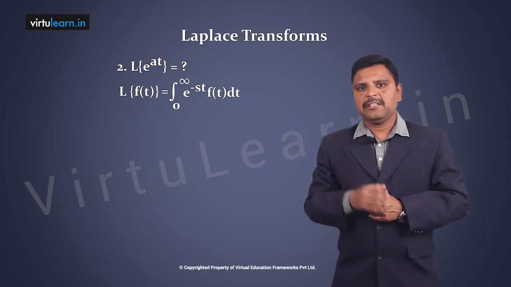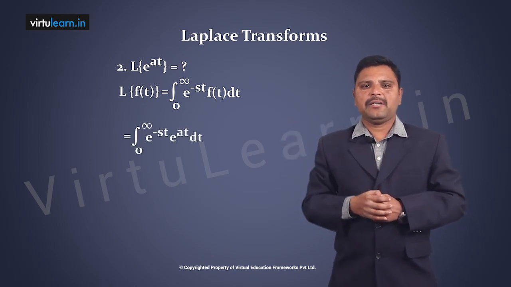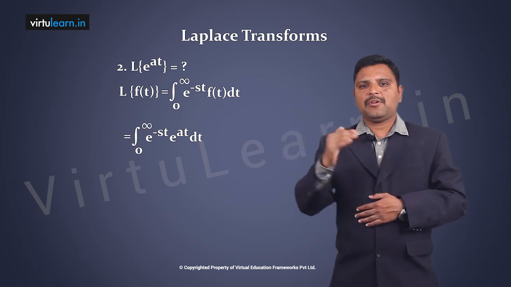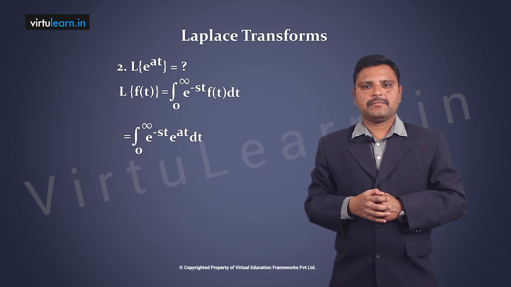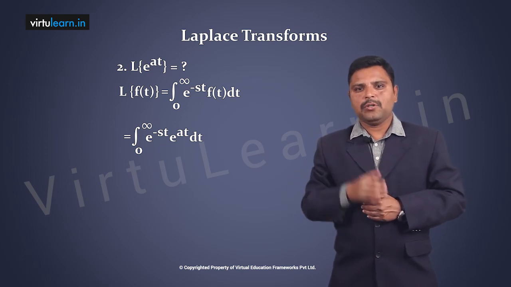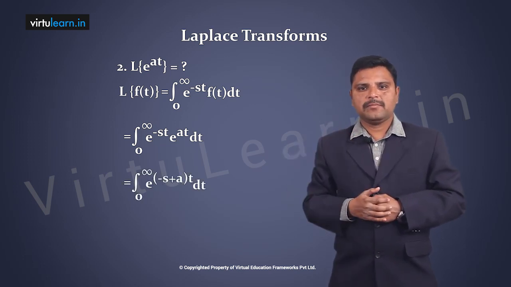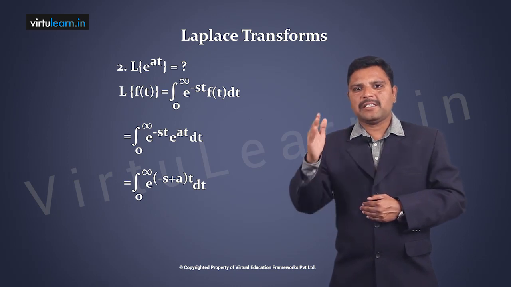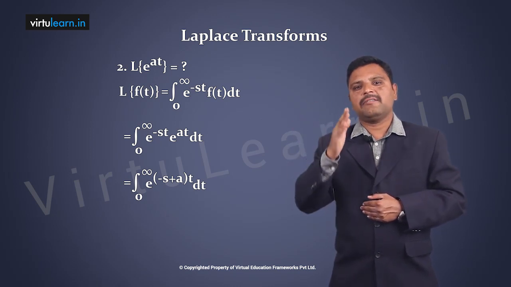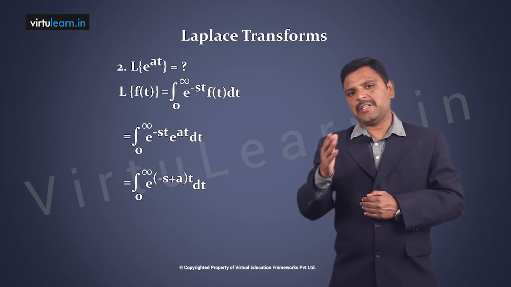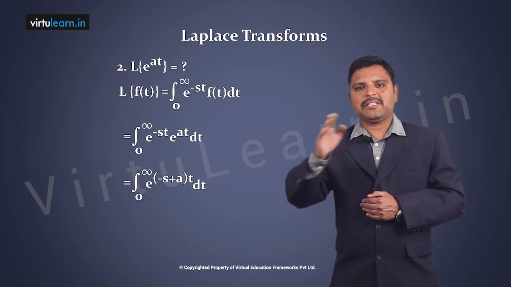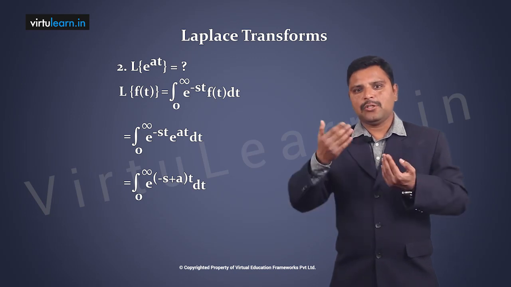In place of f of t, put e power at. That equals integral 0 to infinity e power minus s plus a, otherwise a minus s, into t. I have taken the bases as the same and added the powers. Then you do the integration.